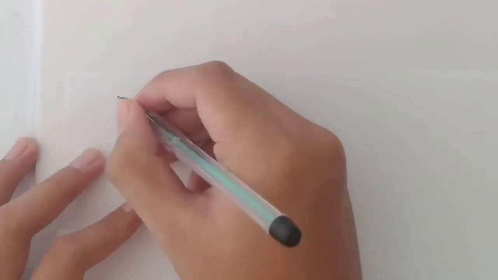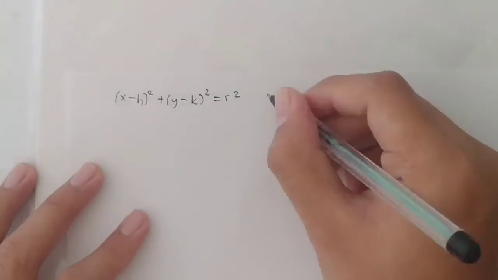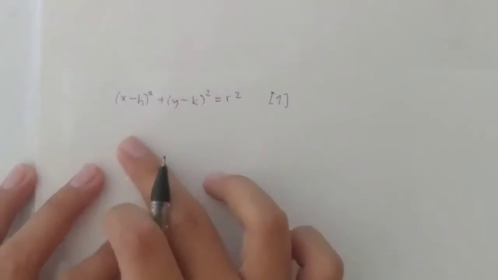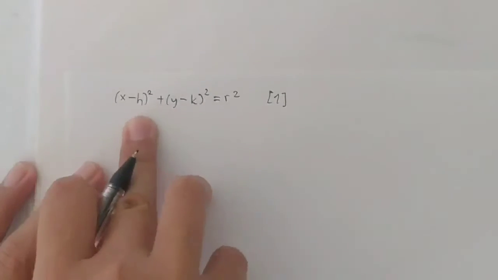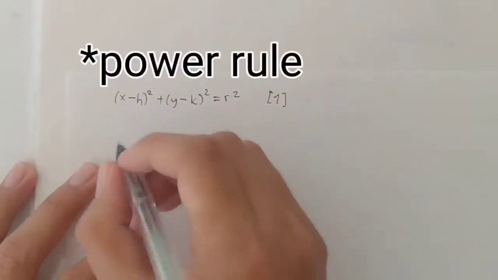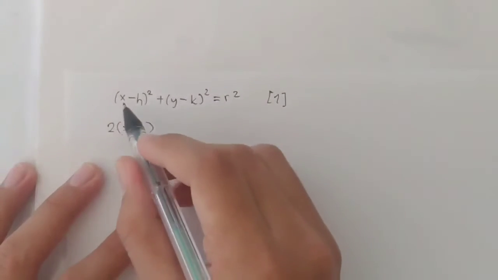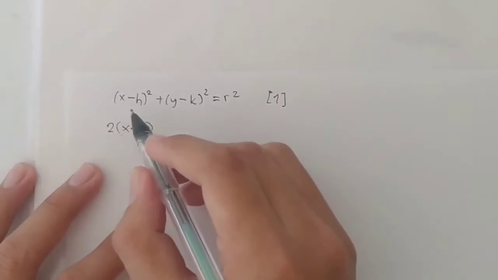This is our working equation, which will become the first equation. The next step is to find the first derivative. In this part, we need to use the chain rule. So 2 times (x - h), and the derivative of this is only 1.